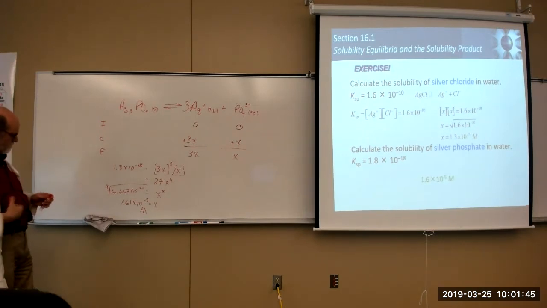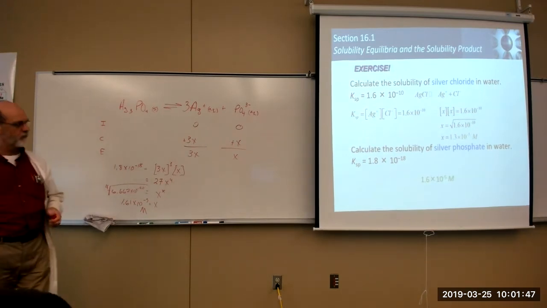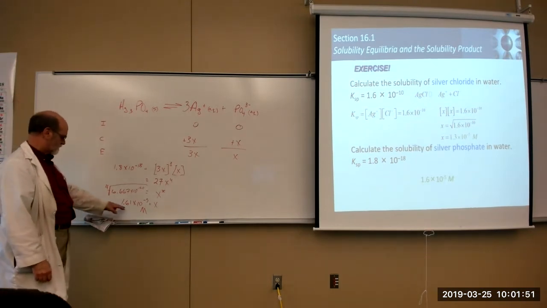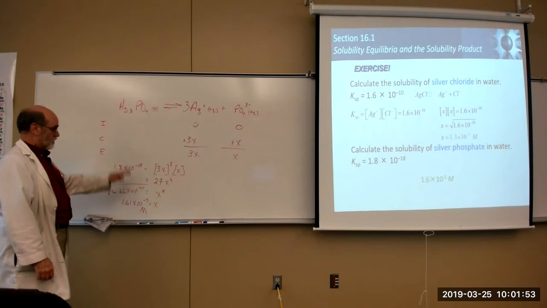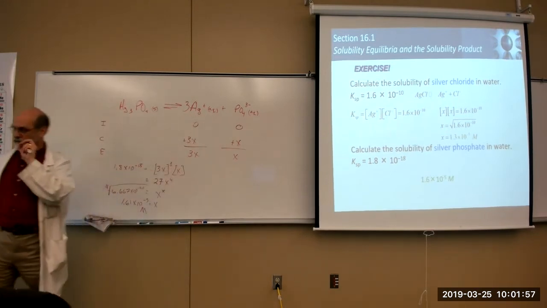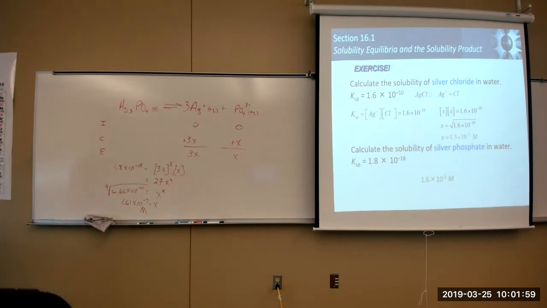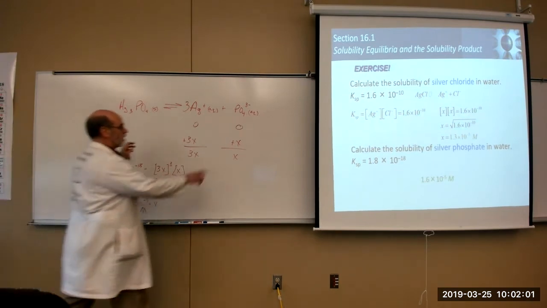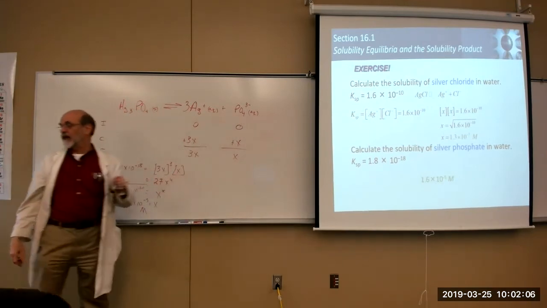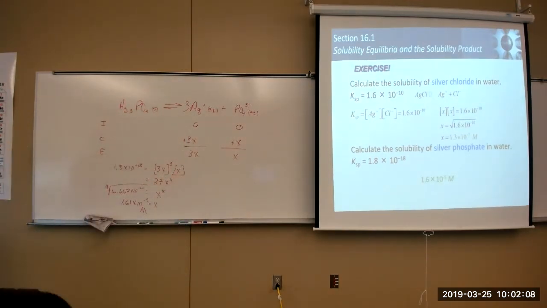Well, I'll put it in again and see. But that's how you get the solubility. You've got to have the stoichiometry right. And then, how do you choose your X? Choose your X, if possible, so that it's 1 to 1. That way, when you get X, you got the answer.